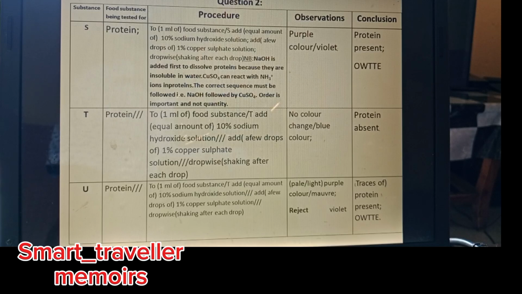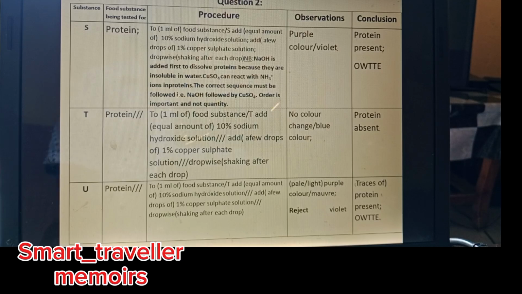So in that part, for S you get 4 marks. Now for T, you start awarding marks at observations and conclusion, because the food substance is the same.